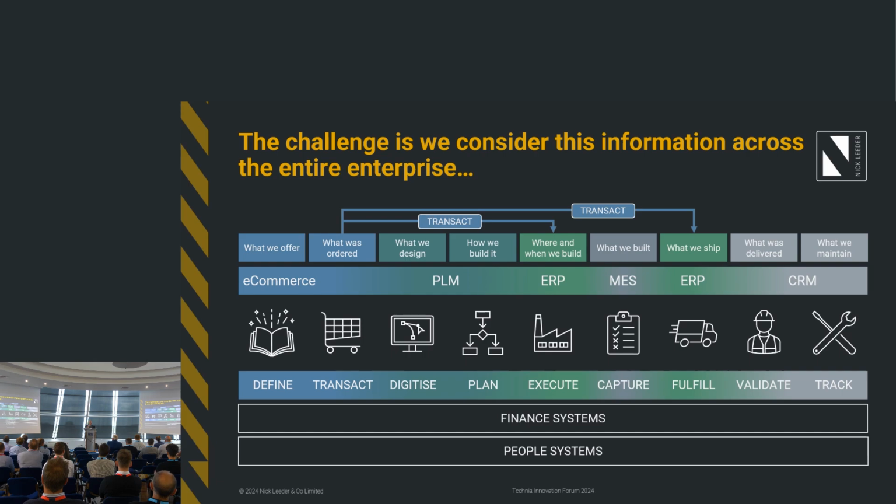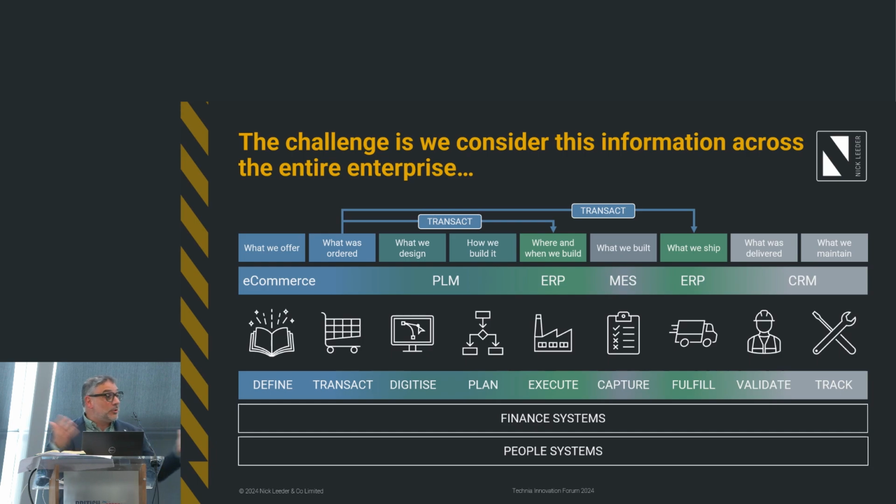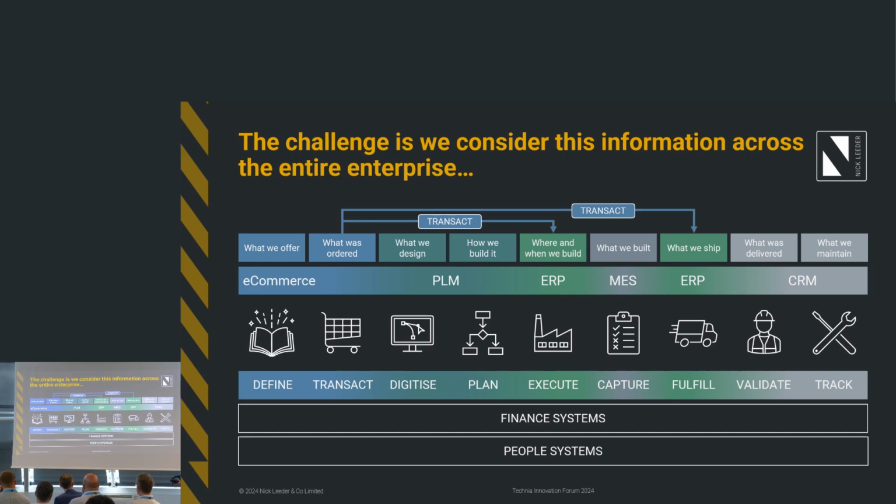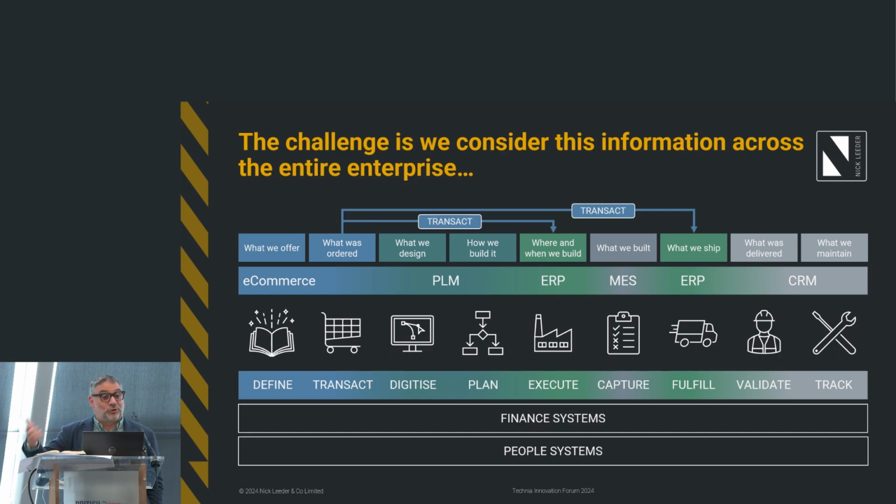We start with what we offer to our customers, what was ordered, what was designed, how do we build the product you make, where and when do we want to build it, what we actually built in production, and then what was actually shipped to the end customer, what was delivered, what was even commissioned, and perhaps even what was maintained. That starts forming the true life cycle of a product.